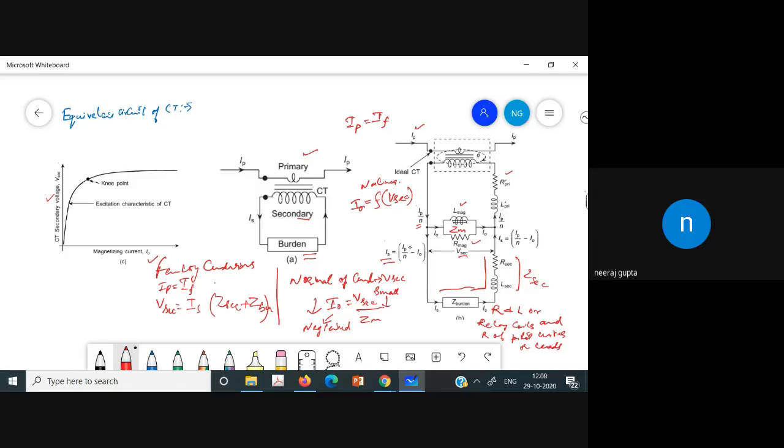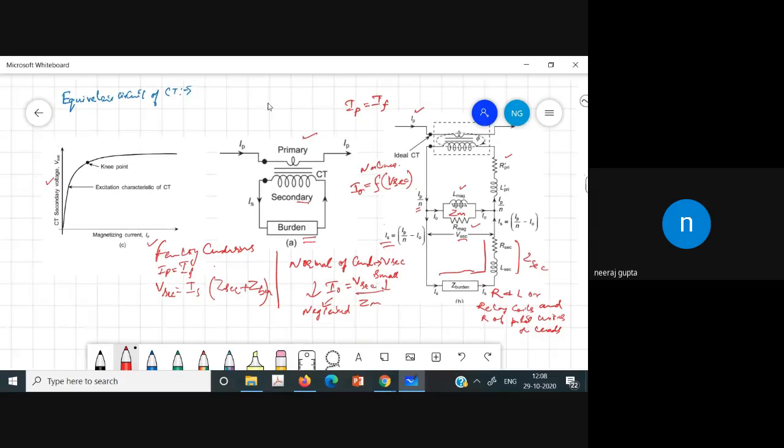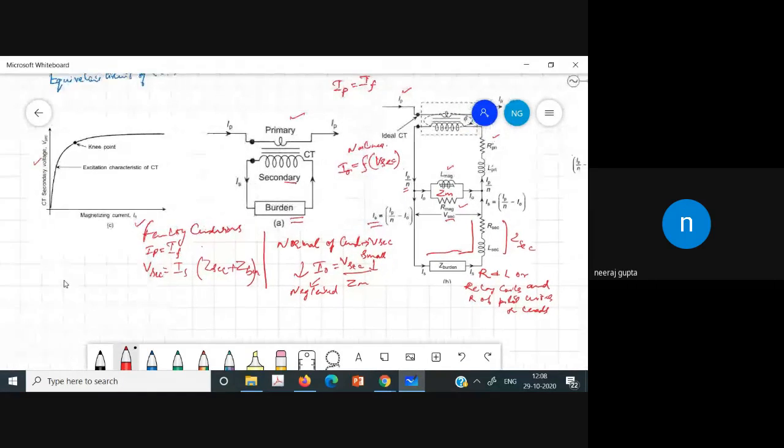I naught depends upon the V secondary, so if V secondary is appreciable, then I naught is proportional to V secondary. So we cannot neglect it.